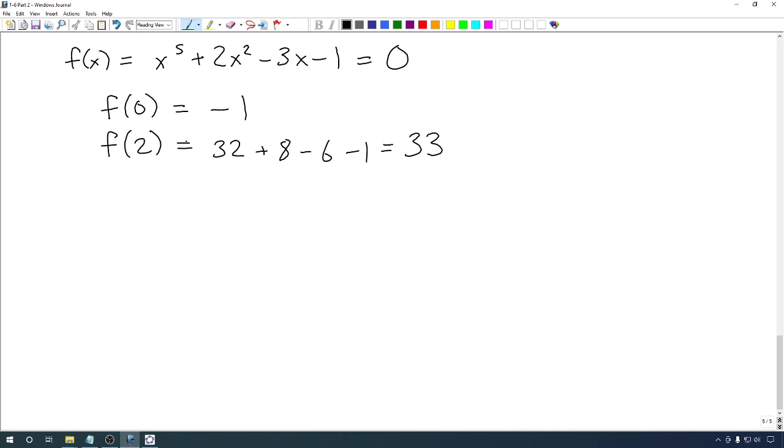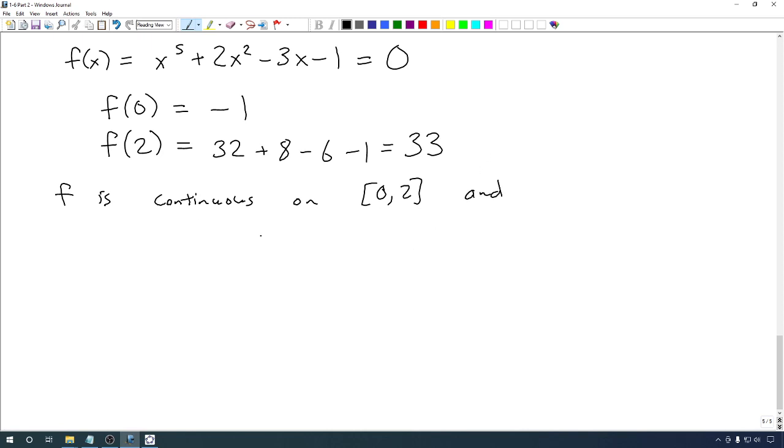But what we have here is a polynomial. And we know that polynomials are continuous everywhere. Specifically, this polynomial is continuous from 0 to 2. I mean, it's continuous more than that, but for what we're talking about here, this is what we need to know.